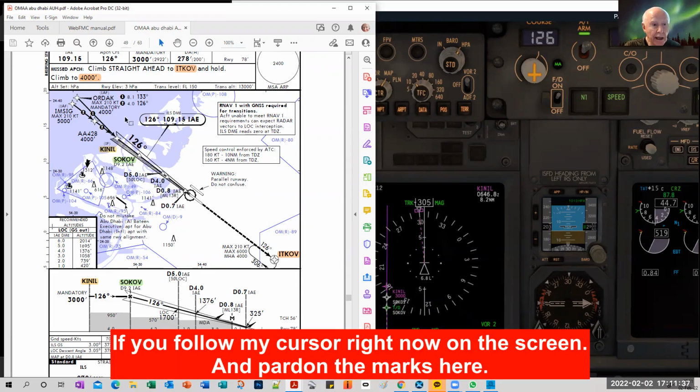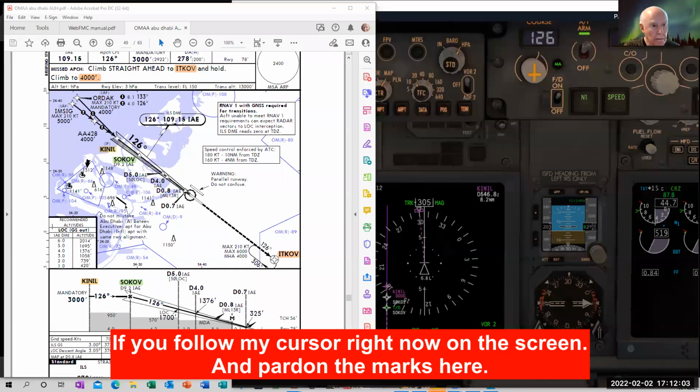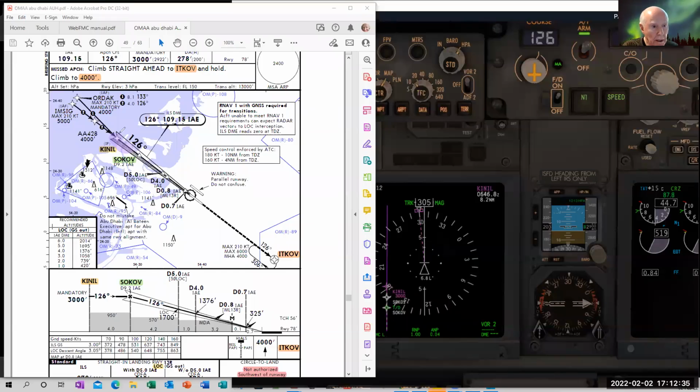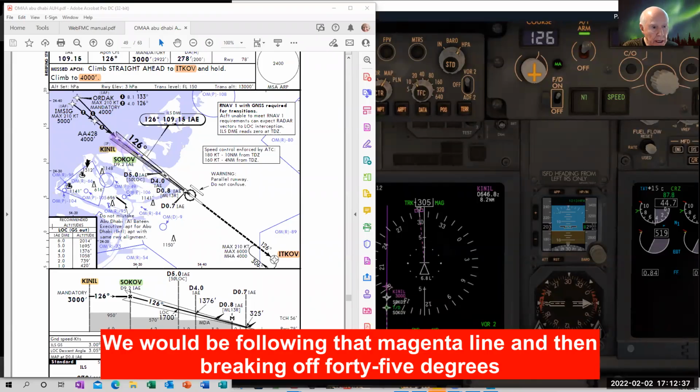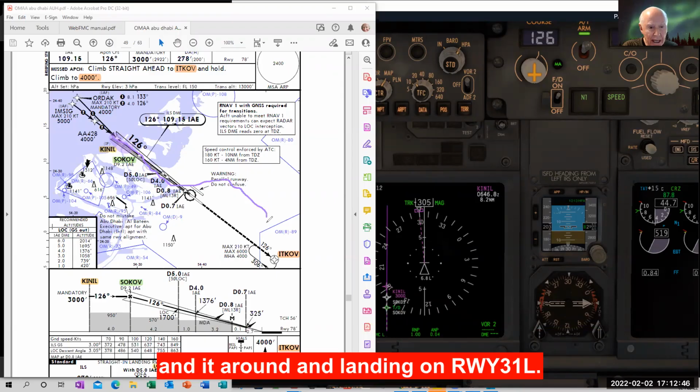If you follow my cursor right now on the screen, we would be following that magenta line and then breaking off 45 degrees and coming around and landing on runway 31 left.